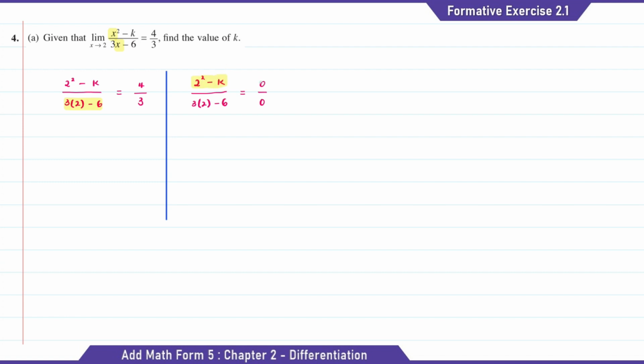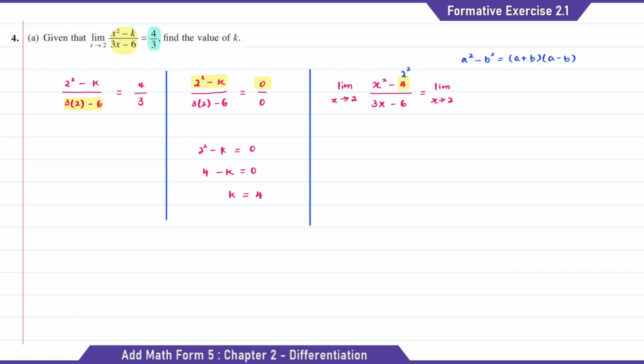So here, by doing the comparison, 2 squared minus k is equal to 0. 4 minus k equal to 0, then k is equal to 4. So to get the limit value of 4 over 3, we will need to factorize this. For the numerator, this number 4 we can write as 2 squared.